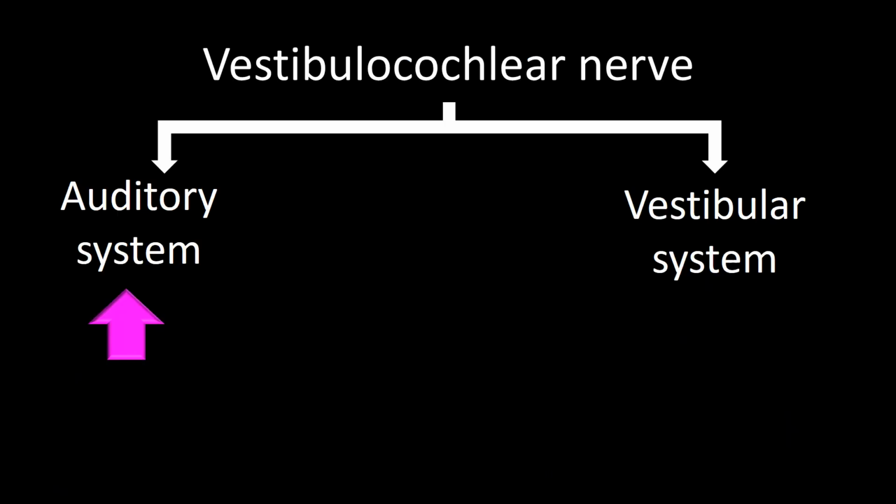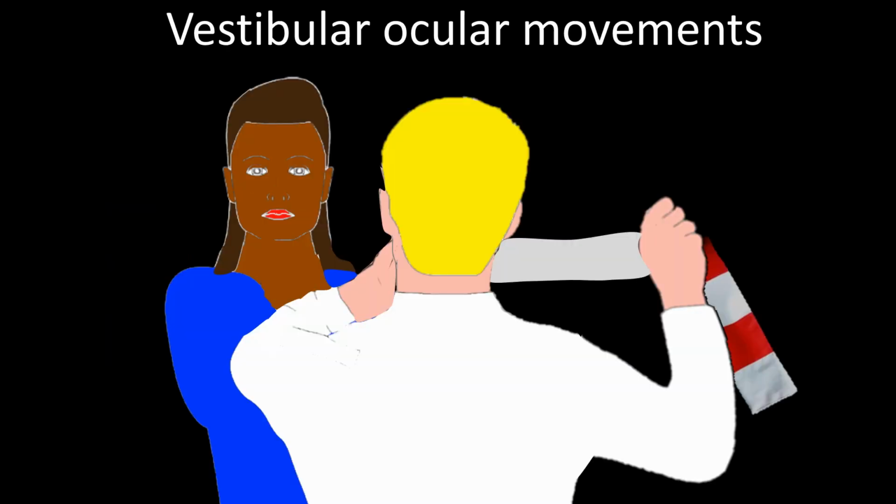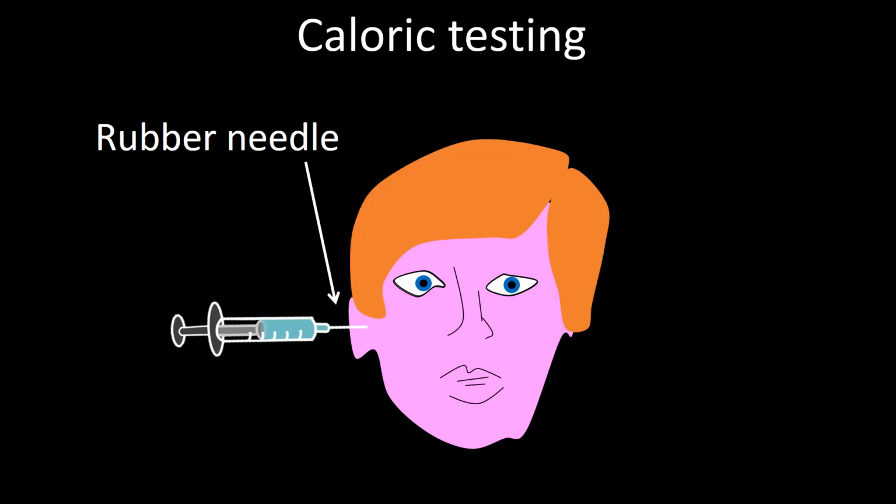After auditory system evaluation, we check the vestibular system. We already mentioned the optokinetic reflex, the caloric testing, and now we are going to mention the Dix-Hallpike maneuver.